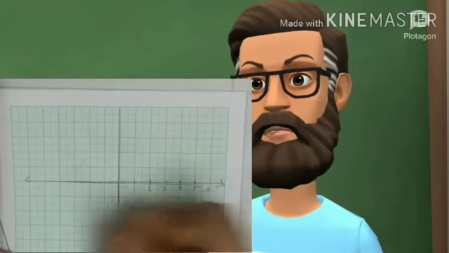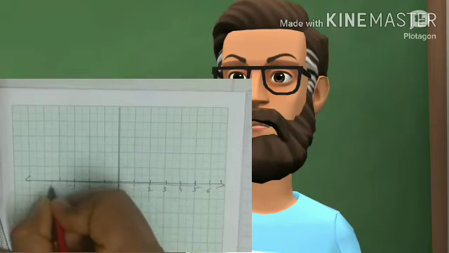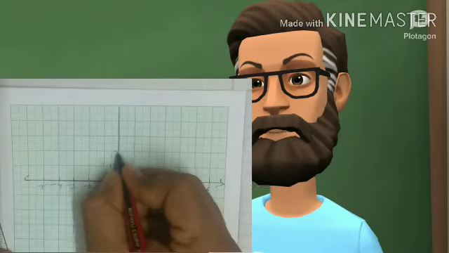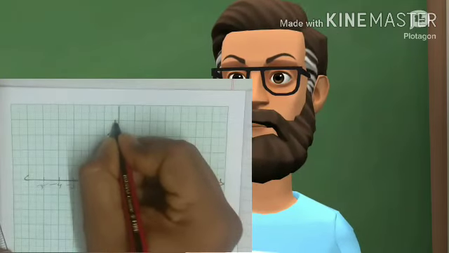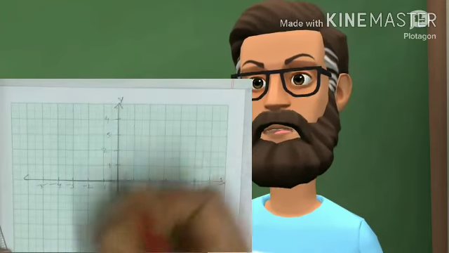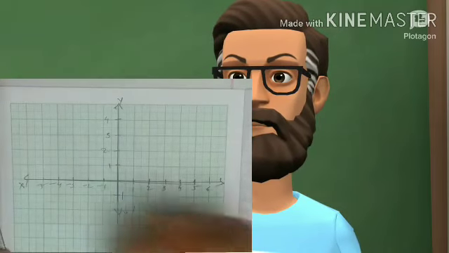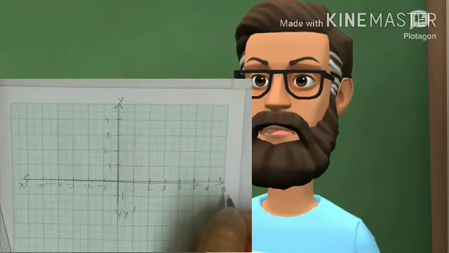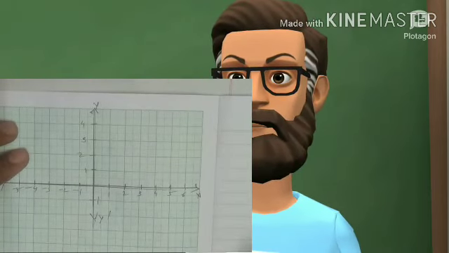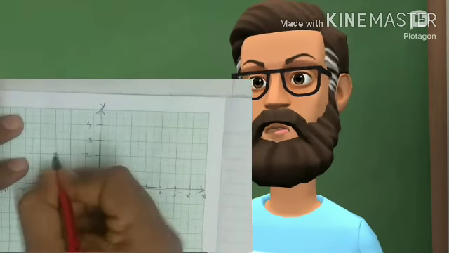We mark the points 1, 2, 3 on the x-axis and minus 1, 2, 3 on the negative side, and on the upper part we write positive values of y, 1, 2, 3 and so on, and mark negative values of y, minus 1, minus 2. Now we are done with the axes. Next we plot the points as per our tabular column.